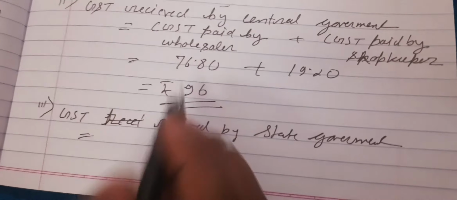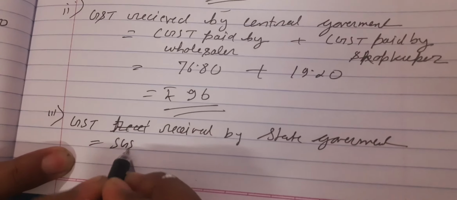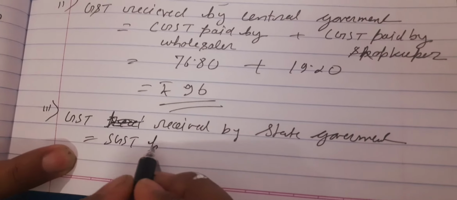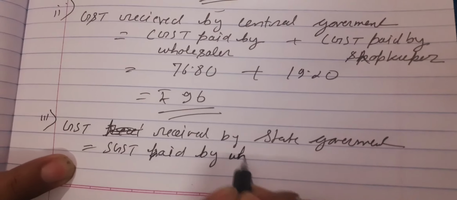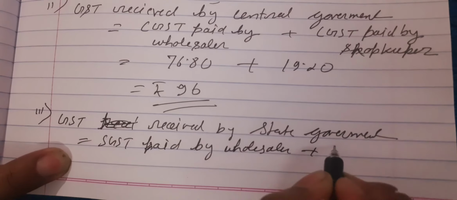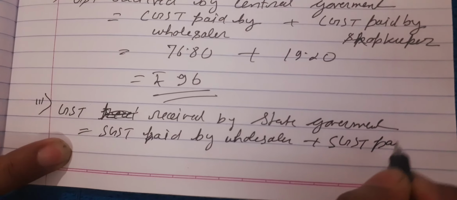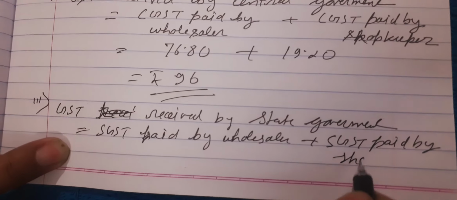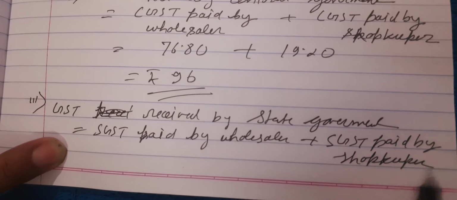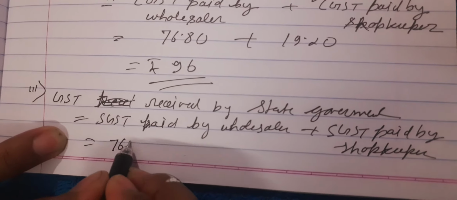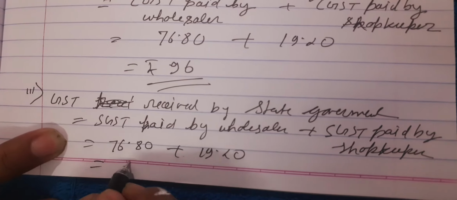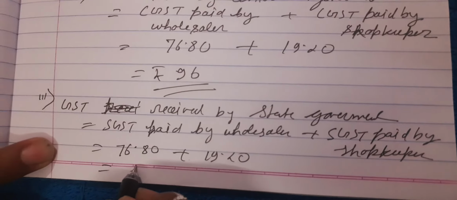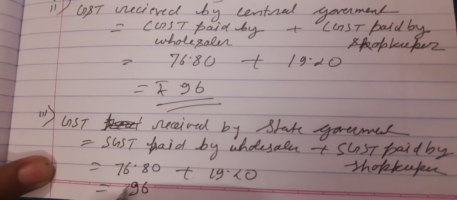Here we have written CGST, here we will write SGST. SGST paid by wholesaler plus SGST paid by shopkeeper. So what is SGST? Again that was 76 rupees 80 paise, and it is 19 rupees 20 paise. So this will be what? This will be again 96 rupees. This is third answer. Now what is the last question?